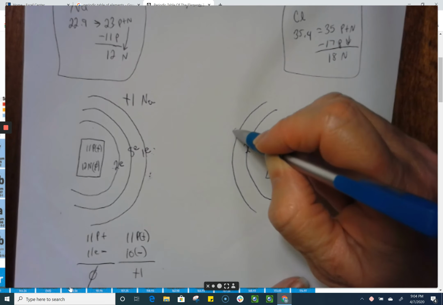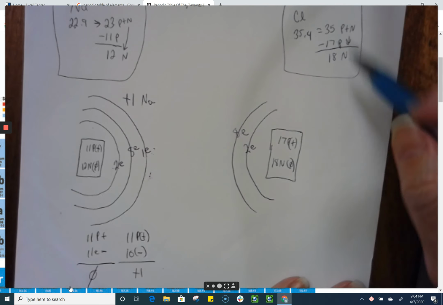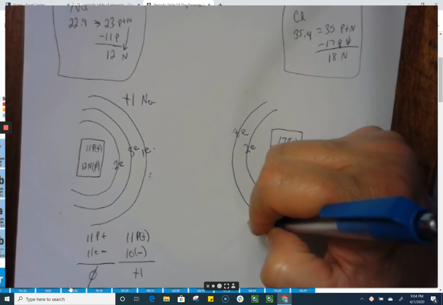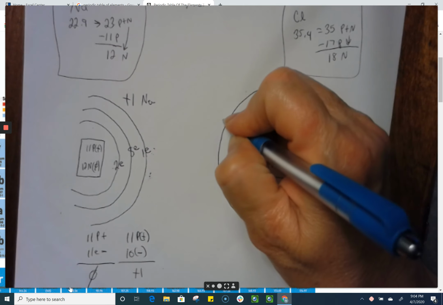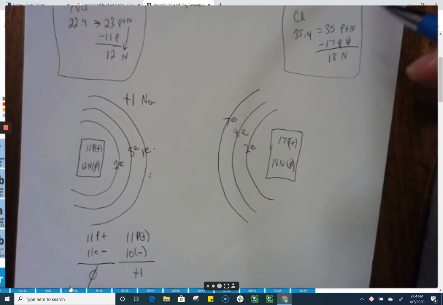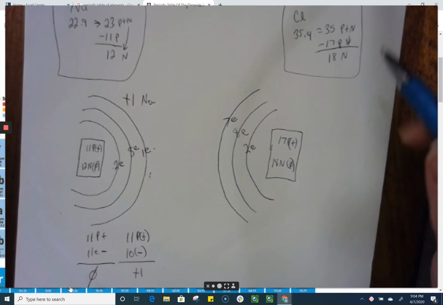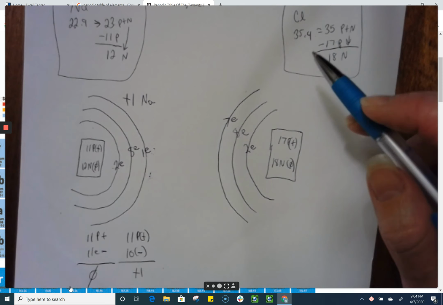The second energy level has 8. 2, 8 is 10. And that means that the third energy level, which can hold up to 18, is going to have the other 7 to make 17 electrons. 2, 8, 7. Remember that the magic number is 8 again, which is called an octet.